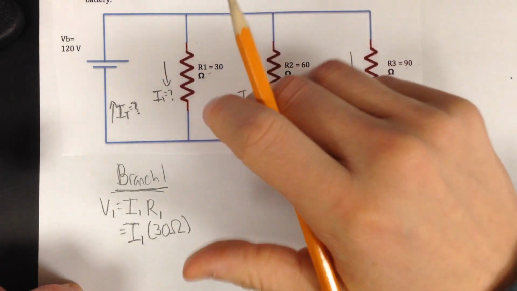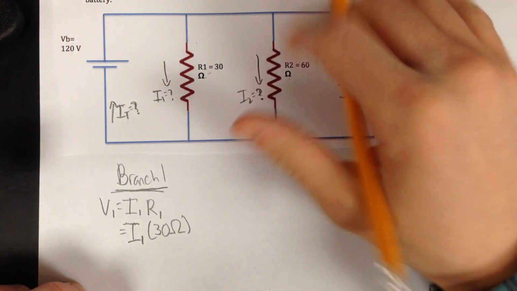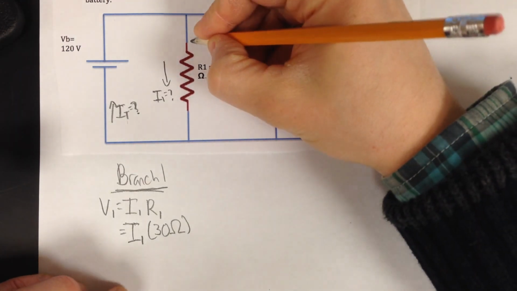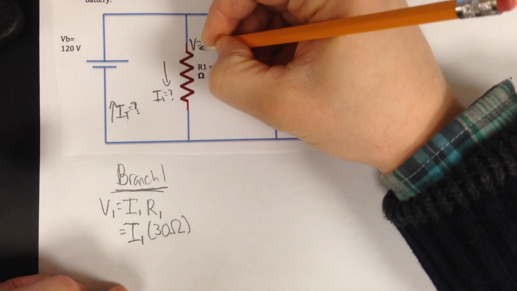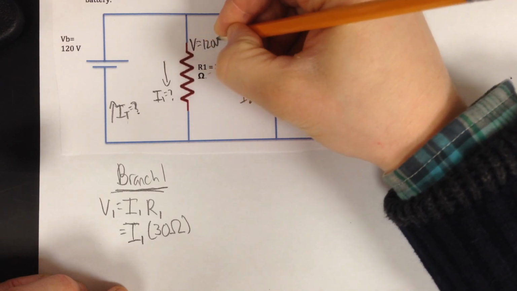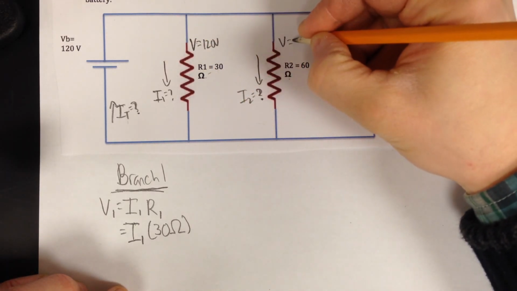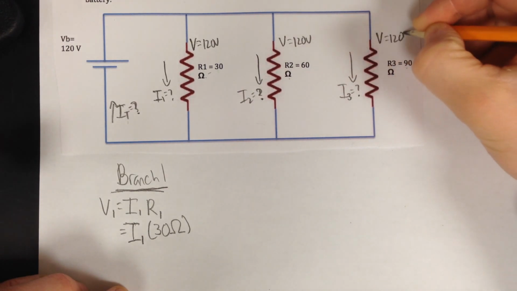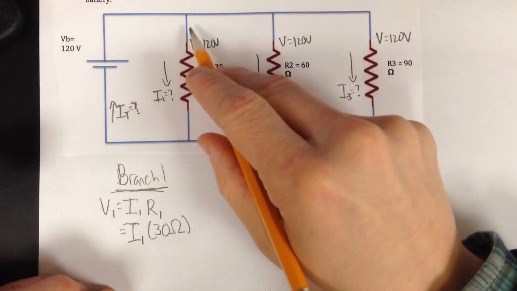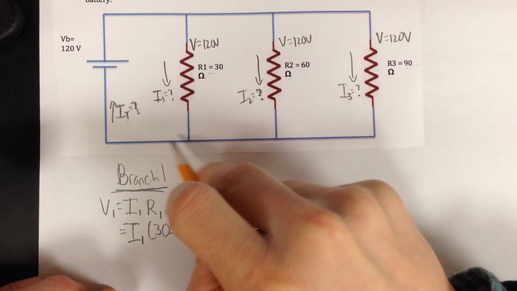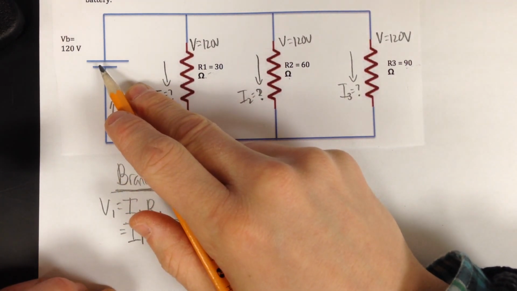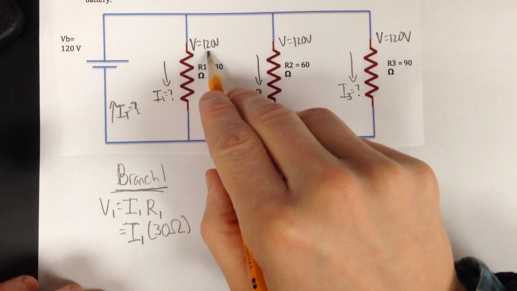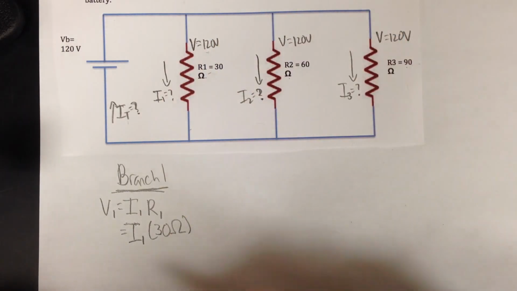Well, in a series circuit the voltage drops split up, but in a parallel circuit they don't. So the voltage in a parallel circuit is all equal to the voltage of the battery. The electrons that pass through each branch return right back to the battery, so they drop all 120 of their volts in whichever branch they go through.